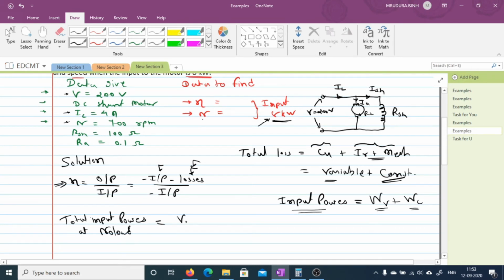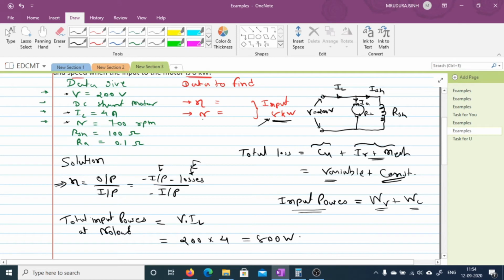So that is V into IL, load current at no load condition. So supply voltage is 200 and line current is 4 ampere. So this gives us 800 watt. So 800 watt of total input power is consumed at no load condition.